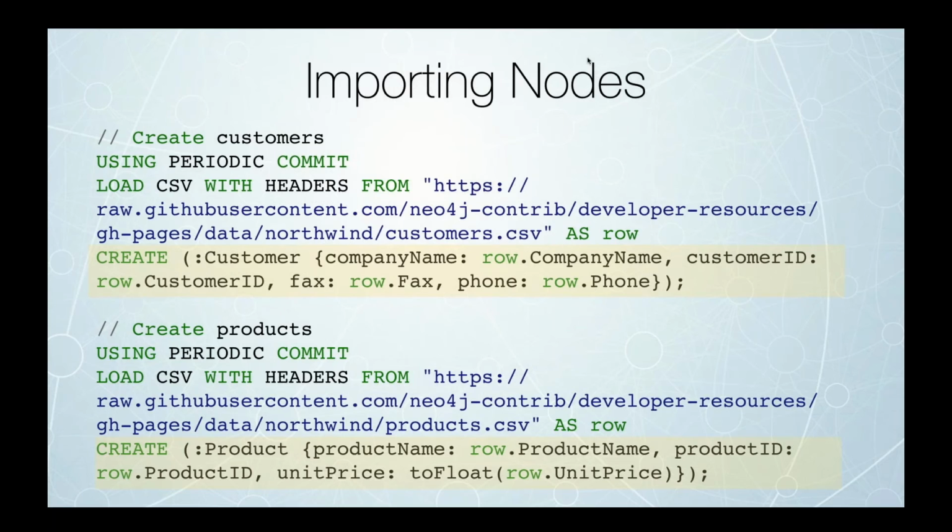So here in this first statement, we're loading the customers CSV file, and then we're creating a customer node for each row in the CSV file, storing the company name, customer ID, their fax number, and their phone number as properties. And we do this for products as well.